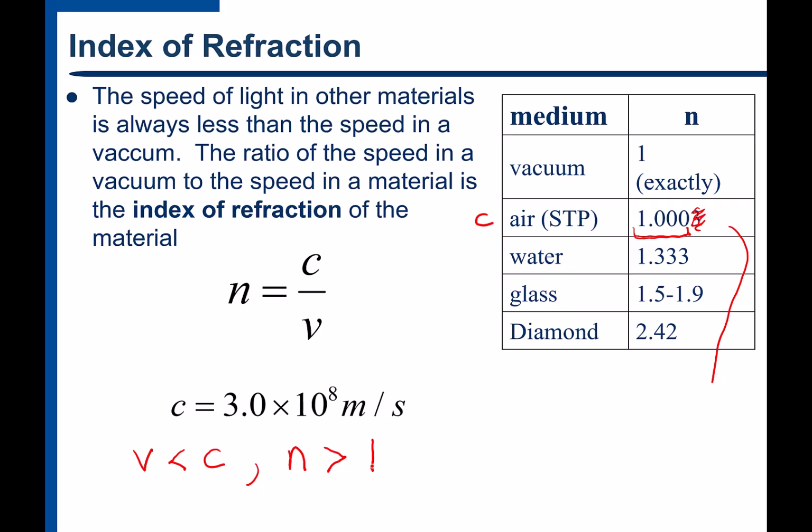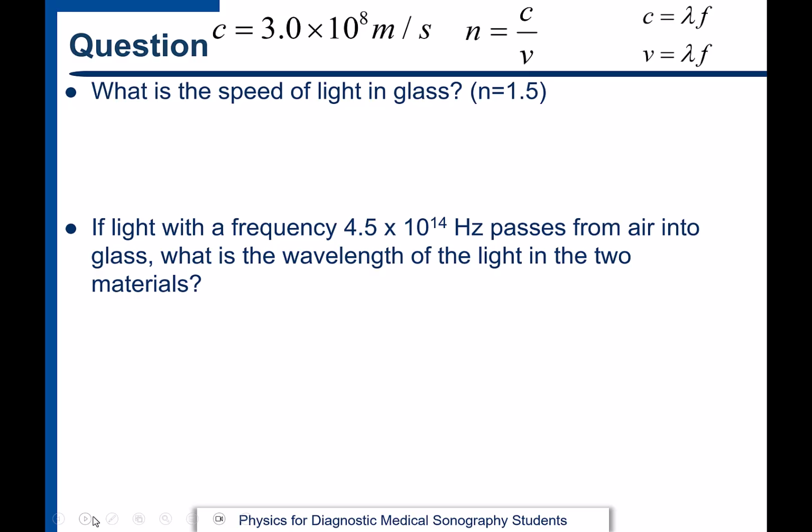All right, let's do an example with this. What is the speed of light in glass if the index of refraction of glass is 1.5? Well, we've got our equation that n is equal to c over v, and we want to think about what it is we're trying to solve for. We're trying to solve for the speed of light in glass. That's v.